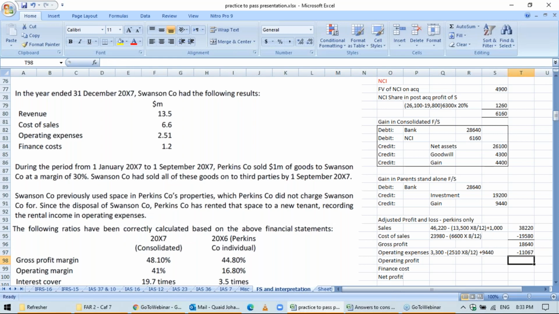After the operating profit, we deduct the finance cost. Again, same with the finance cost.